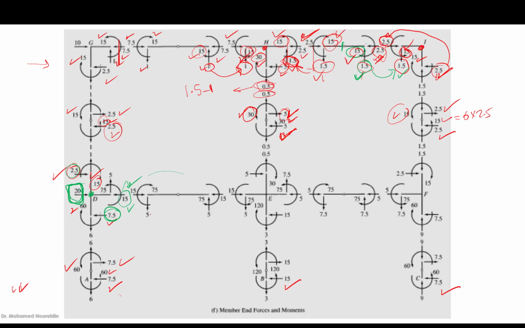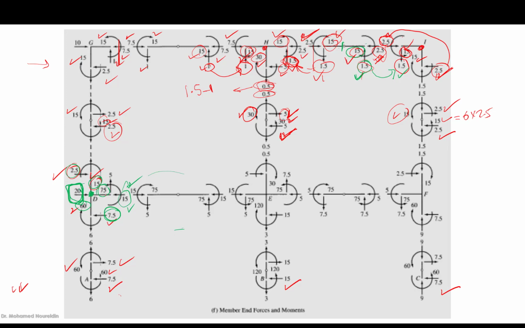Now let's go to the girder here. This girder, we know the moment, summation of moment at D. We know 60 here. We have 15 here. So this is 60 and this is 15.